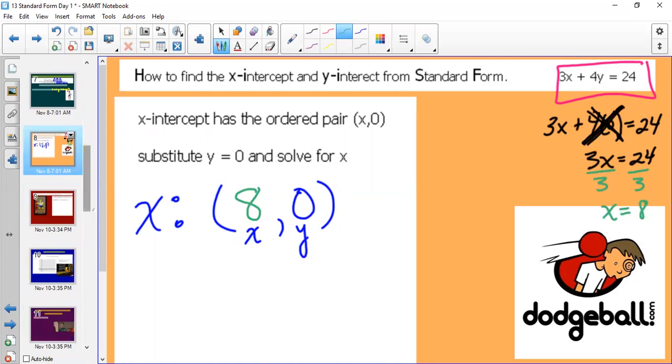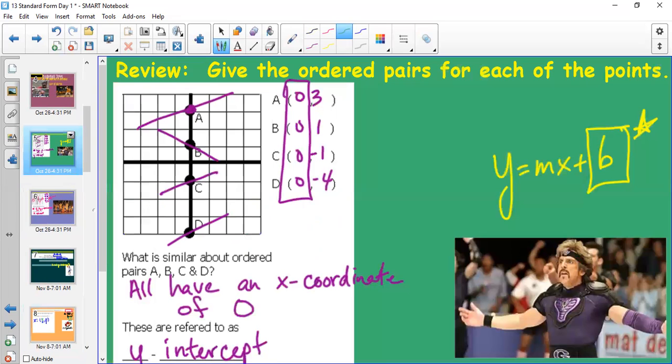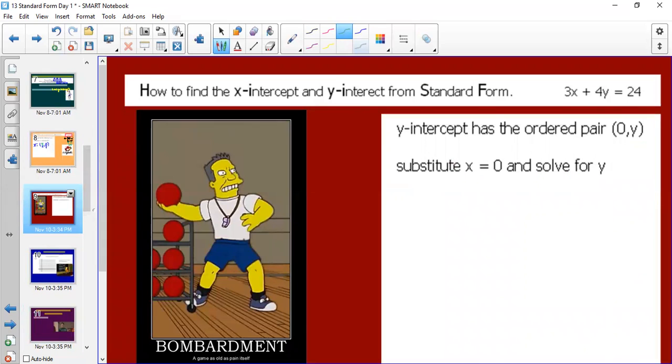Okay, so now let's find our y-intercept. Again, if we go back to the slides where we talked about y-intercepts, notice all of the y-intercepts had 0 for our x's. So if I'm finding the y-intercept, I know that my x-coordinate has to be 0. Again, it makes sense.